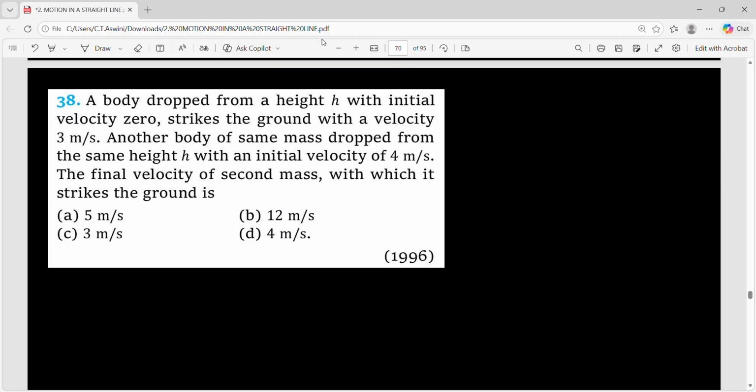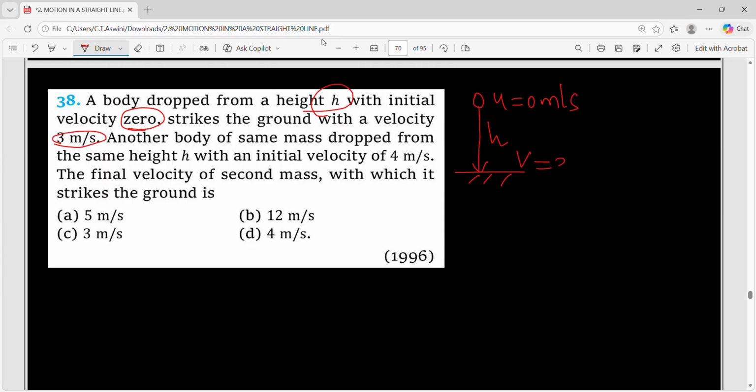See this question, similar kind of question. A body dropped from a height h with initial velocity 0 strikes the ground with a velocity 3 meter per second. So the body was dropped from height h, its initial velocity was 0, and by the time it touches the ground, the velocity is 3 meter per second.